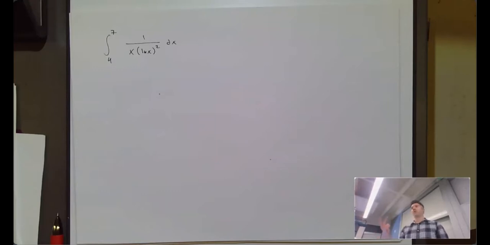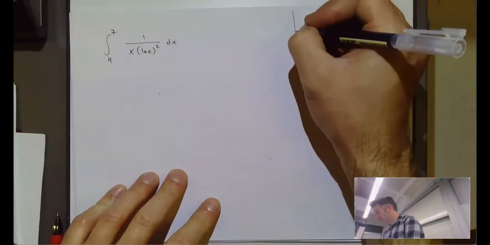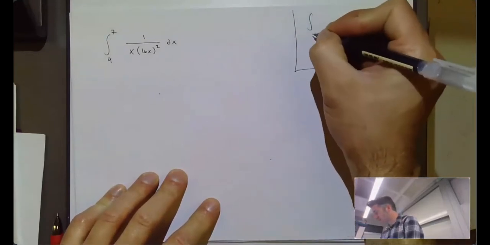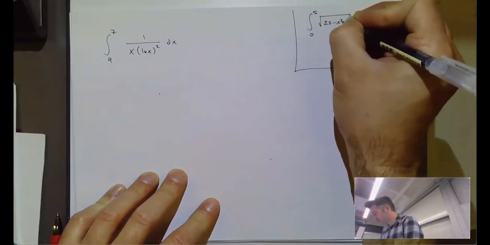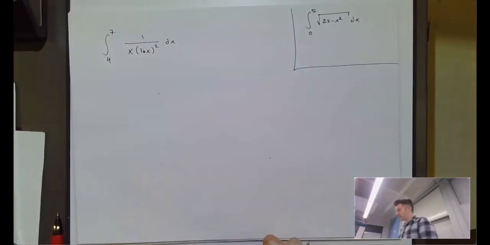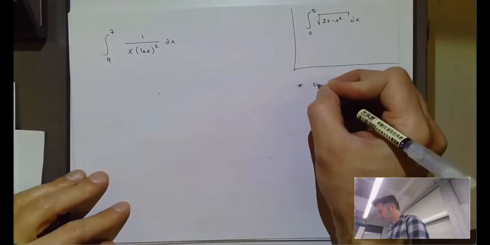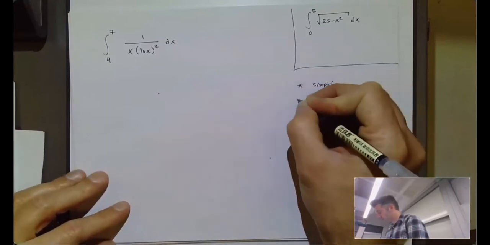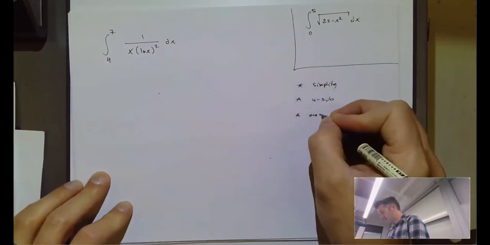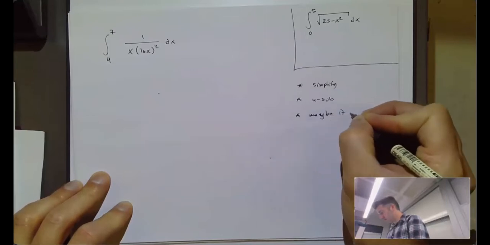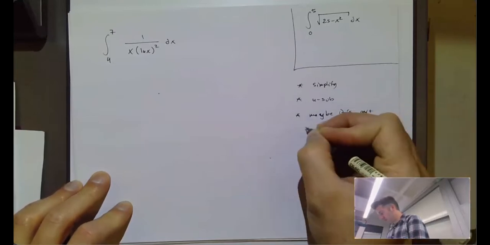There is a third option: does it have a nice geometrical shape? Is it part of a circle? Typically our options are either simplify, U sub, or it's a circle or part of a circle.